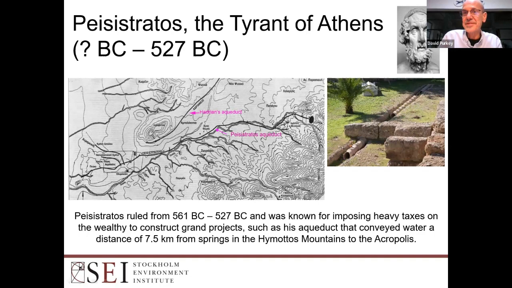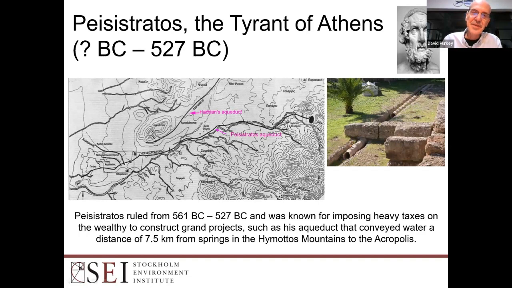This was the first water supply project that brought water from outside the Acropolis to supplement what were previously systems based on basically rainwater capture cisterns. He accomplished this, however, by imposing very heavy taxes on the wealthy in Athens at the time to be able to finance the construction of the project.